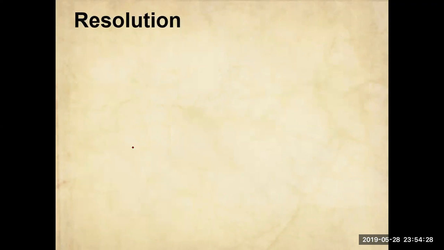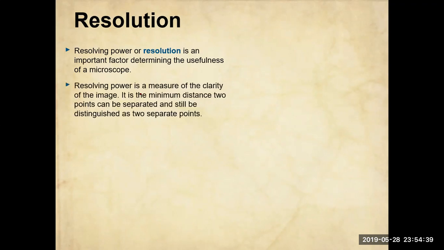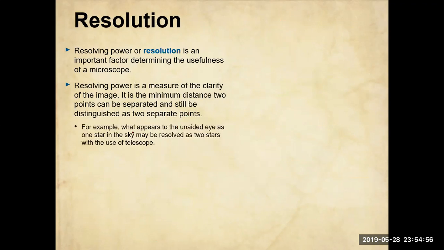What is resolution? Resolving power, or resolution, is an important factor determining the usefulness of a microscope and is a measure of the clarity of the image. It is the minimum distance at which two points can be separated and still be distinguished as two separate points. For example, what appears to the unaided eye as one star in the sky may be resolved as two stars with the use of a telescope.